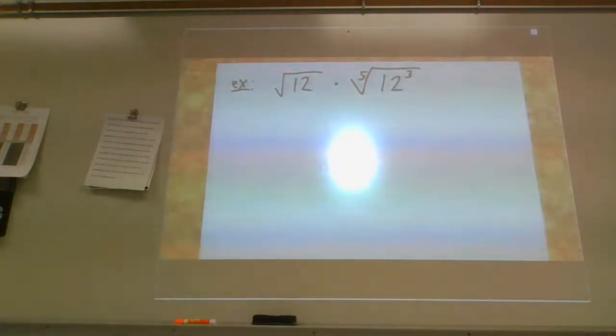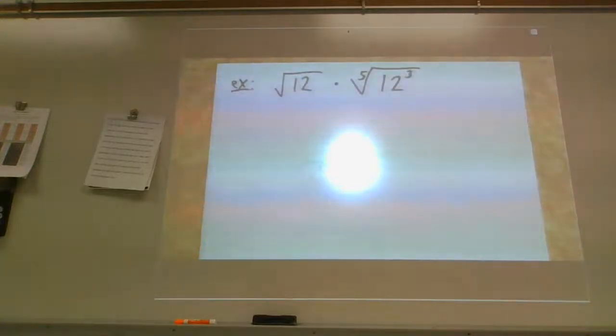The square root of 12 and the fifth root of 12 to the third power. That is not a typo. They have different roots. And because they have different roots, I cannot put them together. One's a square root, one's a fifth root. I can't put them together.